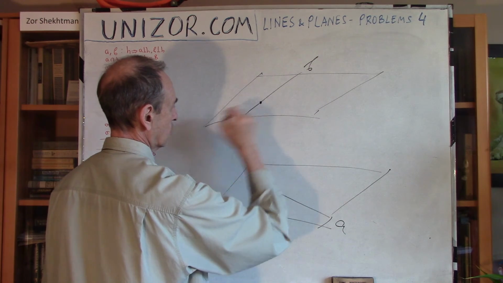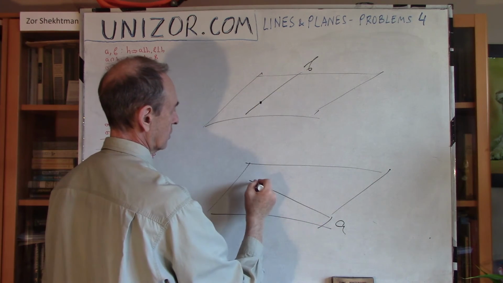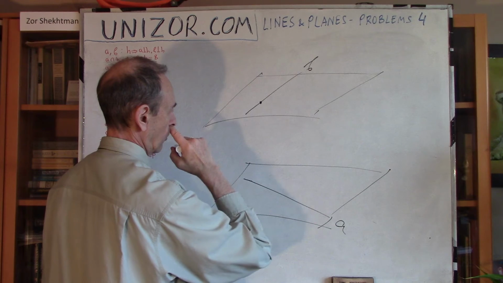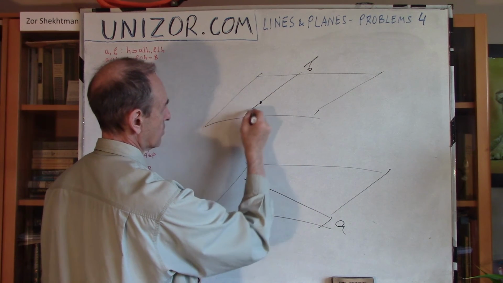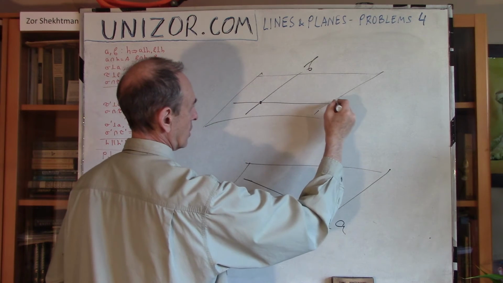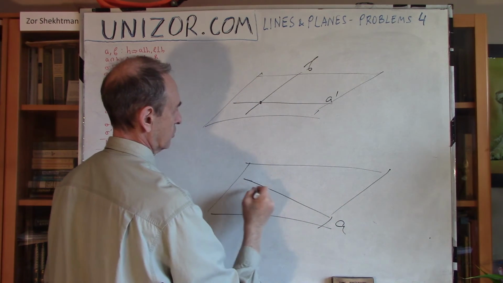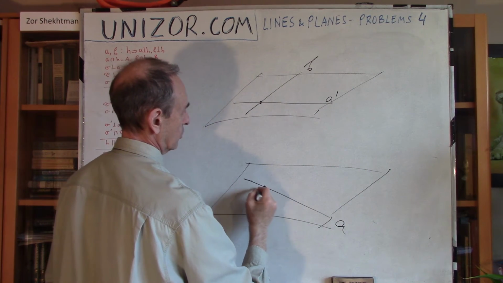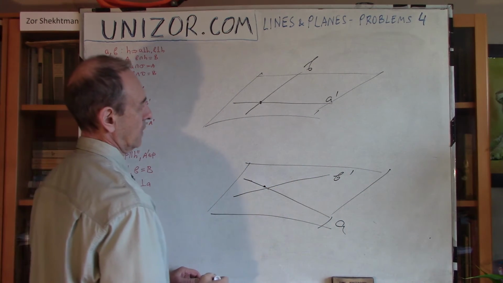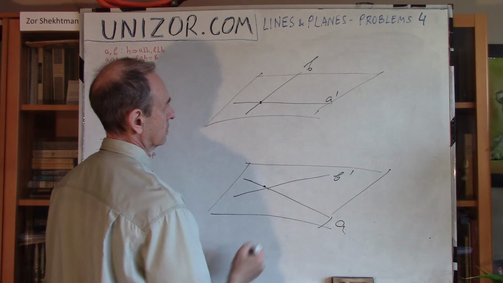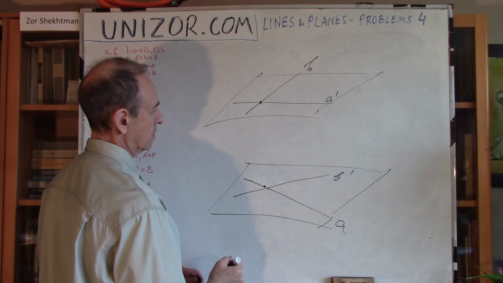Now let's assume that I have two perpendiculars from one to another. So let's use my same picture as I did before. This would be A star, this would be B prime, A prime, B prime. Now I projected the line here.